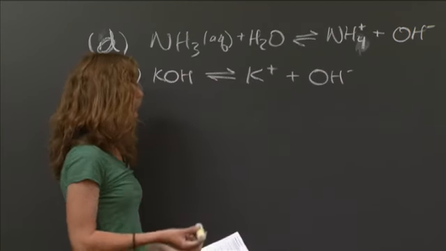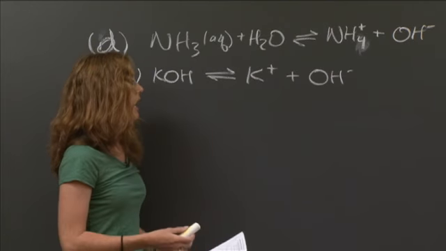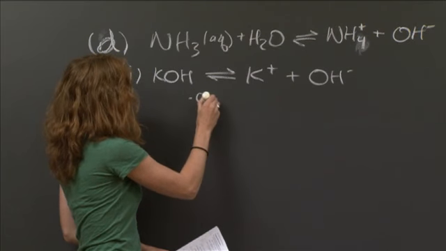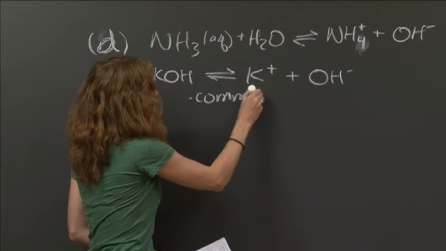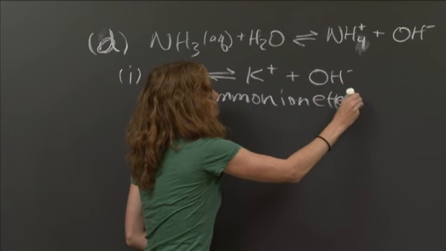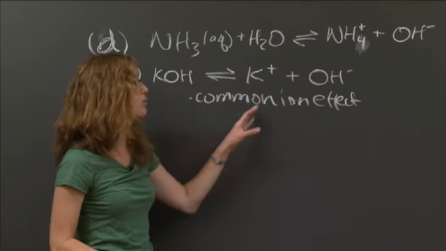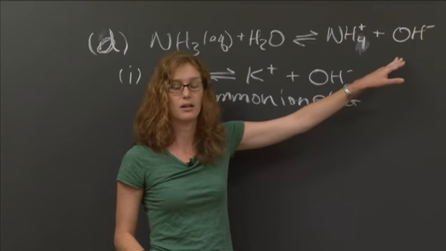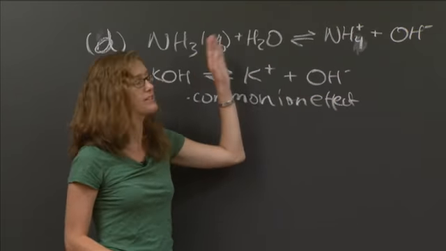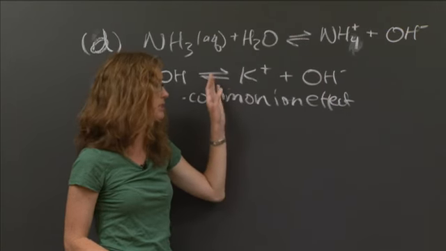So that's one way to think about it: I now have a common ion effect that will, because there's more hydroxide in solution now, push this equilibrium back to the left.